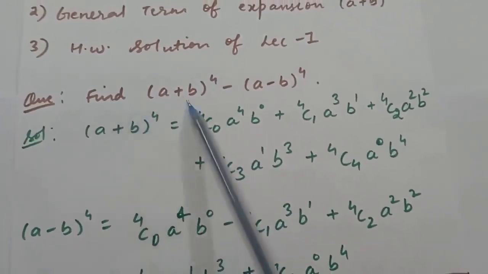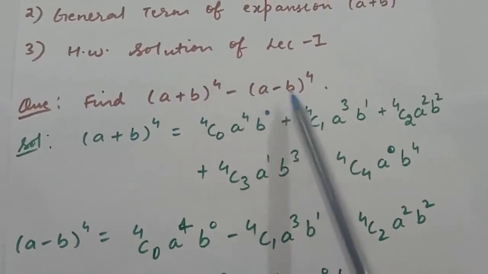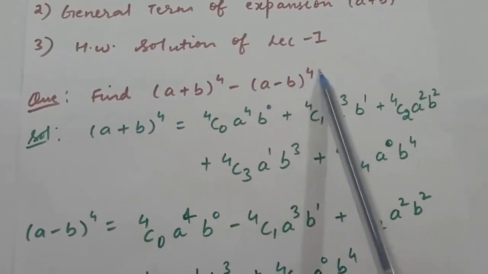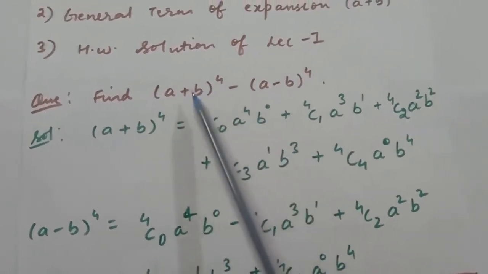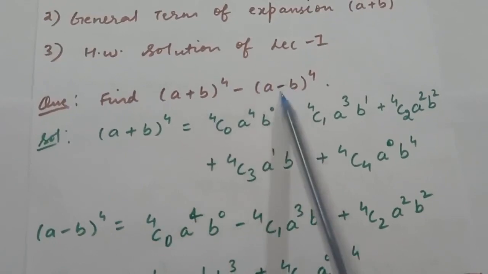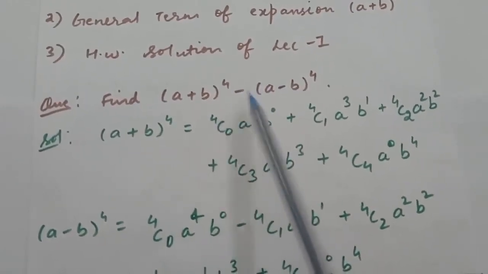So find (a + b)^4 minus (a - b)^4. So the terms are the same. Here it is plus, here it is minus, and in the middle it is given minus.